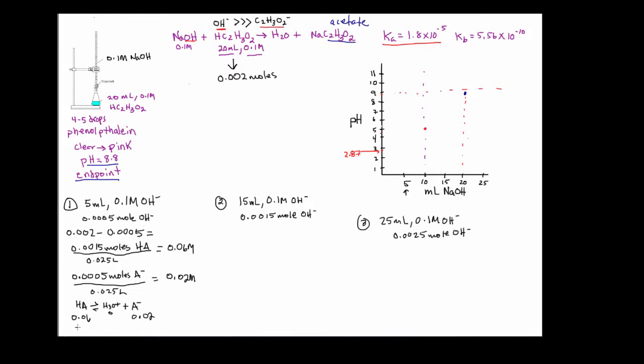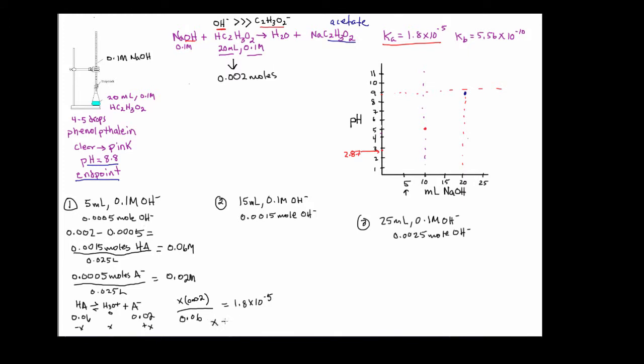The HA is going to decrease by X, the H3O plus is going to increase by X, and the A minus will be plus X. So plugging in, we have X times 0.02, divided by 0.06, and this is equal to the equilibrium constant, 1.8 times 10 to the minus fifth.